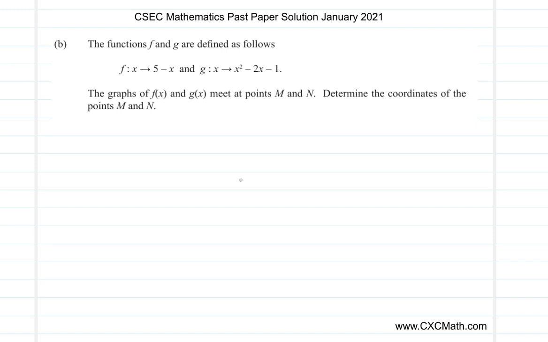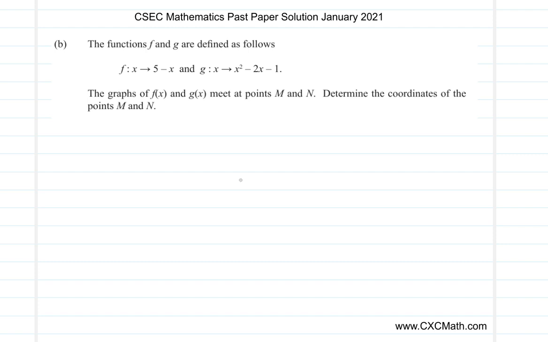Remember now, what you have here, as you can see, will be 2 lines. f of x is a straight line, and g of x is a curve, but what's the name of that curve?